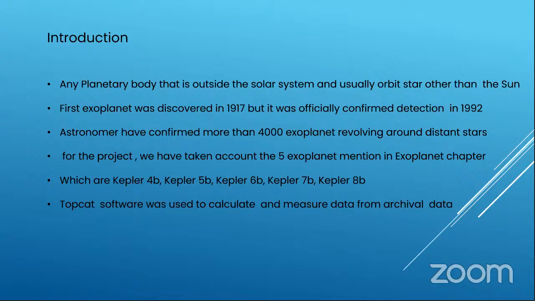For the project, we took the 5 exoplanets mentioned in the Exoplanet chapter of the book by Tim Hamilton sir, which are Kepler 4b, Kepler 5b, Kepler 6b, Kepler 7b, and Kepler 8b. The Topcat software was used to calculate and measure from the archival data.